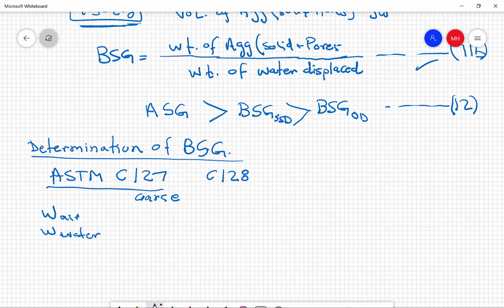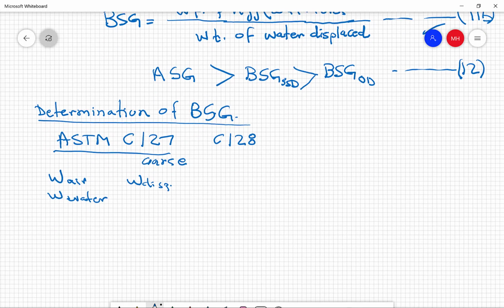And the weight of water displaced is given by the following equation here. The weight of water displaced equals the weight in air minus the weight in water. Let's call this equation number 13 here.